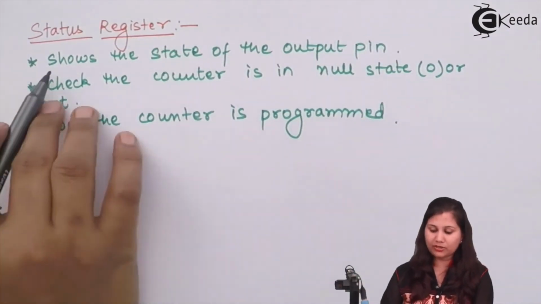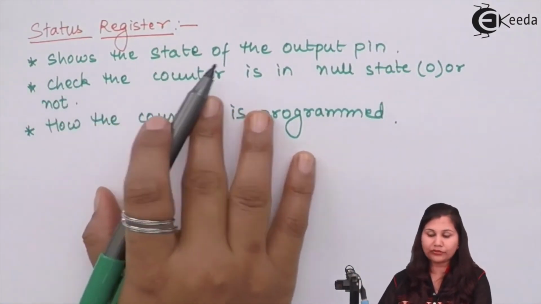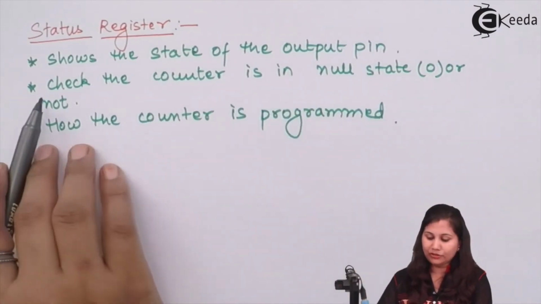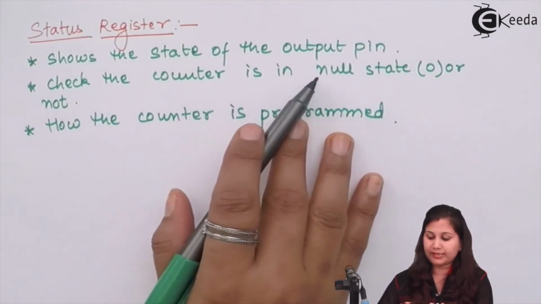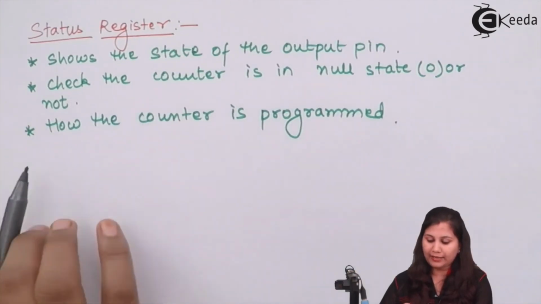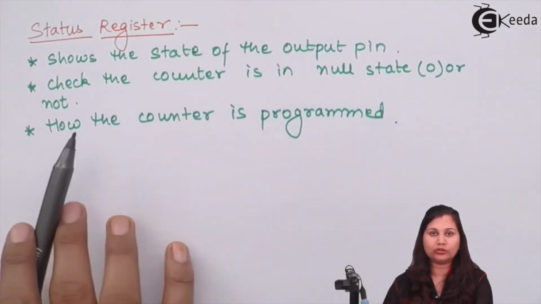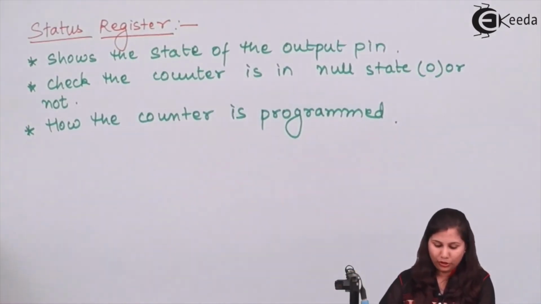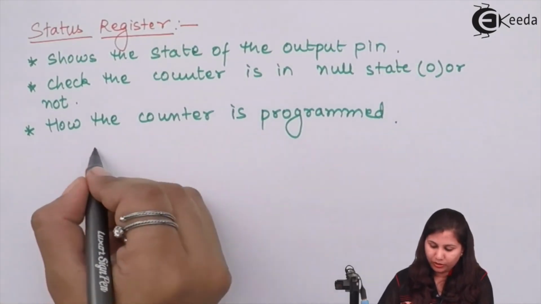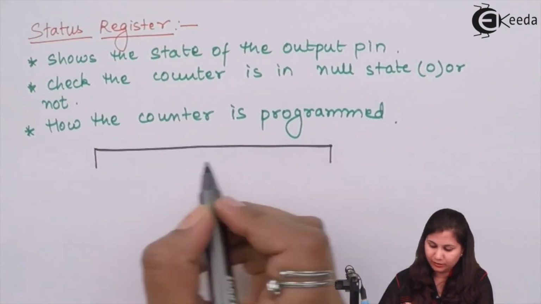This status register shows the state of the output pin, it can check whether the counter is in null state or not, and it is also used to see how the counter is programmed. So let's see the control word for this status register.